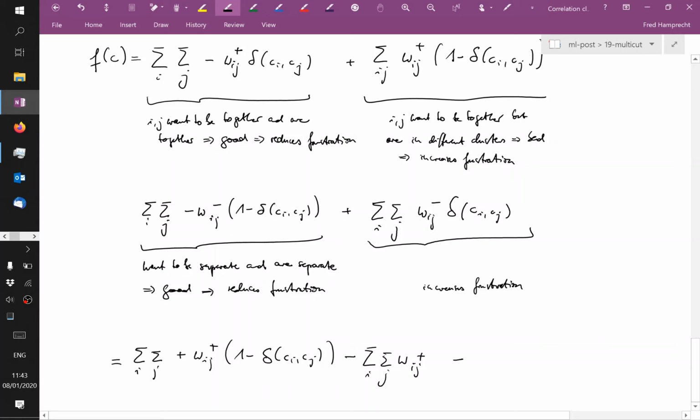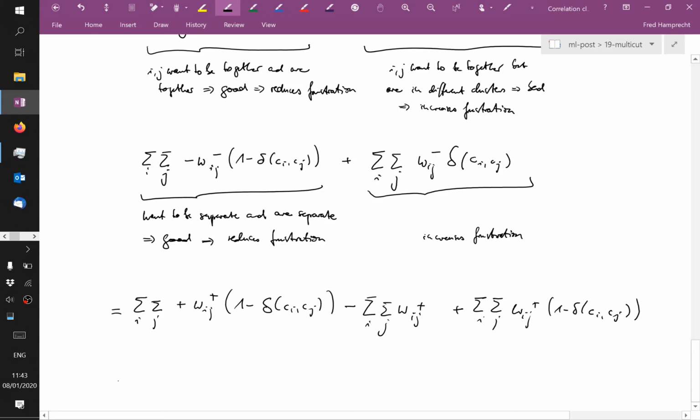The second term I can leave as is. It already has this form of something multiplied with 1 minus delta. I'm just copying it down here for completeness. Then the next term I again copy, because it already has the form that I want. All right, and here we do the same trick once again.